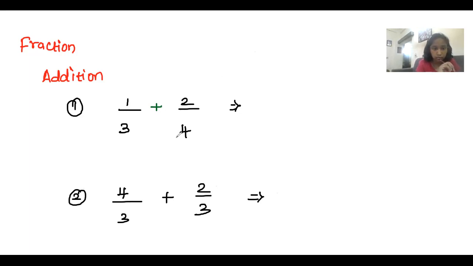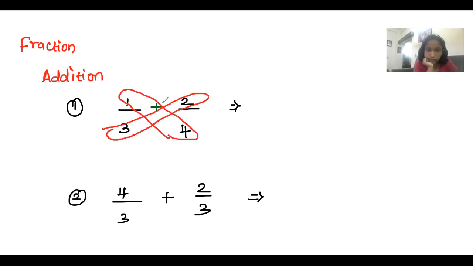You multiply the denominator with the denominator, and then you perform cross multiplication, isn't it? No, ma'am, I didn't do it like this. I just did the LCM the normal way in my head. You did the LCM, that's great.